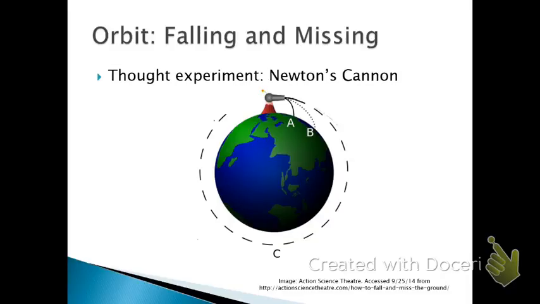Here's the way that Newton first figured out that the same force that causes an apple to fall from a tree onto his head is what keeps the moon circling up in the sky. Imagine you have a cannon, and it's sitting right on top of the Earth.